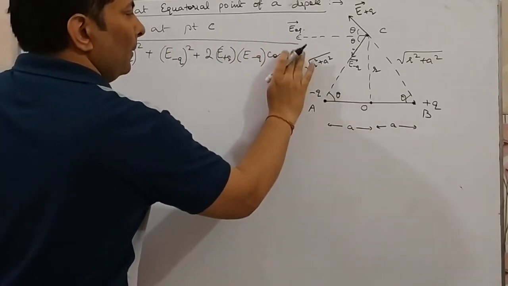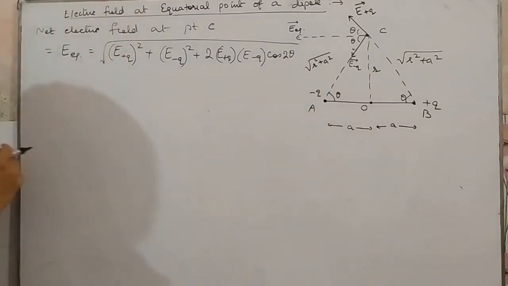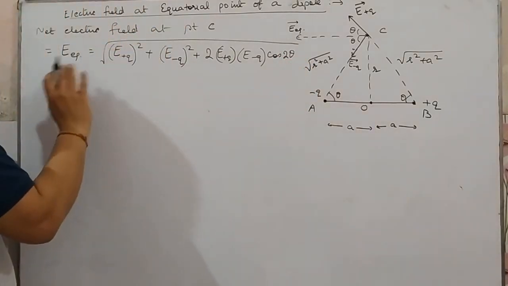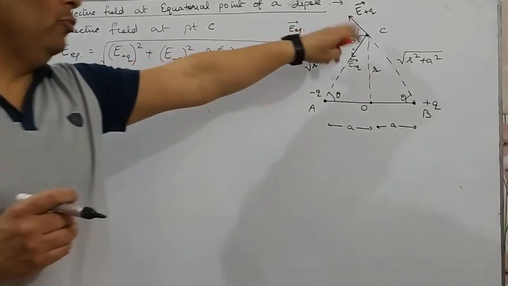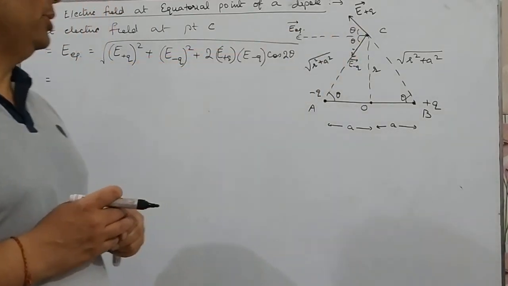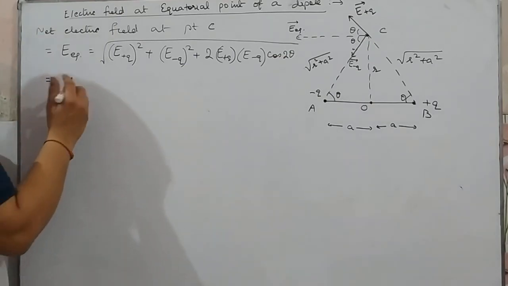Why? Because using this resultant equation, we have two vectors and the angle between the two vectors is 2 theta. So using the law of vector addition, we can have this result.